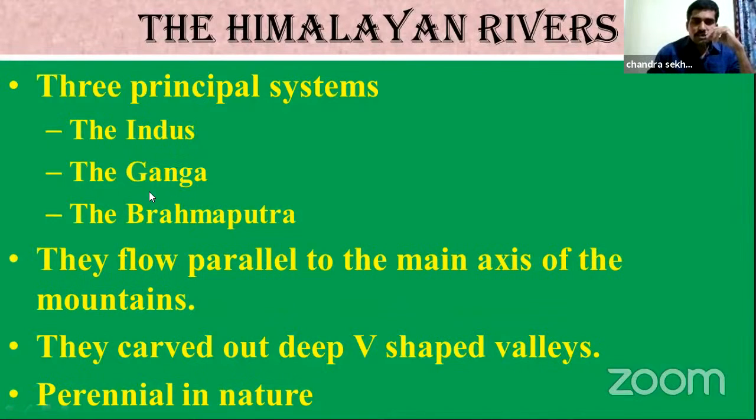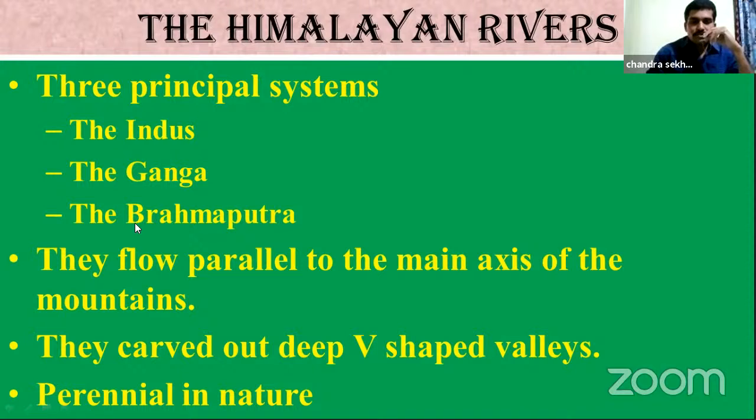These rivers flow parallel to the main axis of the mountains. They carve out deep V-shaped valleys. These three rivers are flowing in the valleys of Himalayas, and when they are flowing in valleys of Himalayas, they carve V-shaped valleys.